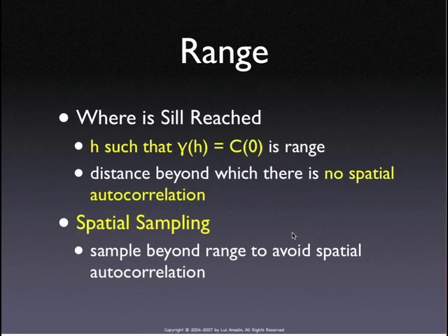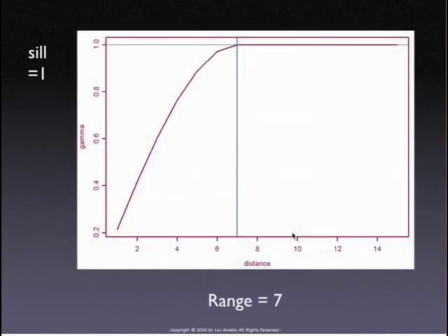So the range is a second important characteristic of the process. So we have the sill, which is basically the variance of the process. We have the range, which is a distance beyond which there is no spatial autocorrelation. And then we have a third characteristic that I'll talk about in a second. So this illustrates conceptually, in a theoretical process, the variability of the square difference is continuous with distance.